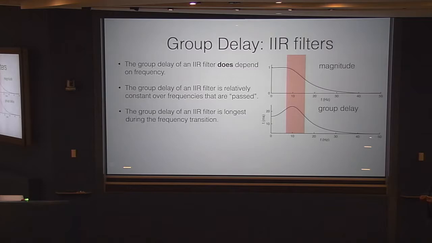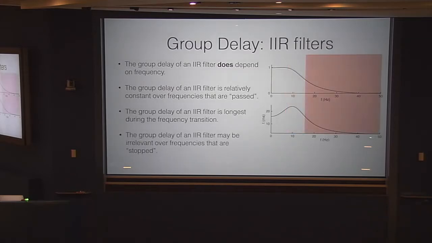So you want to watch out for those, and you want to make sure that there aren't a lot of them when you're using your filter. And then finally, in the stop region, where the signal's being attenuated, it doesn't really matter. If it's a long group delay, or a short group delay, it's theoretically possible to have a negative group delay. If it's being attenuated enough, then it doesn't matter what the group delay is. So you can not worry about it.